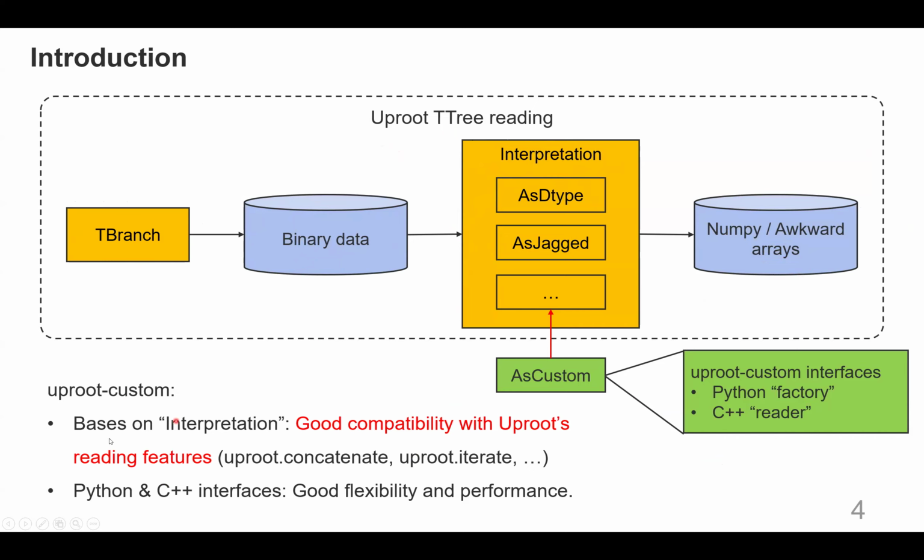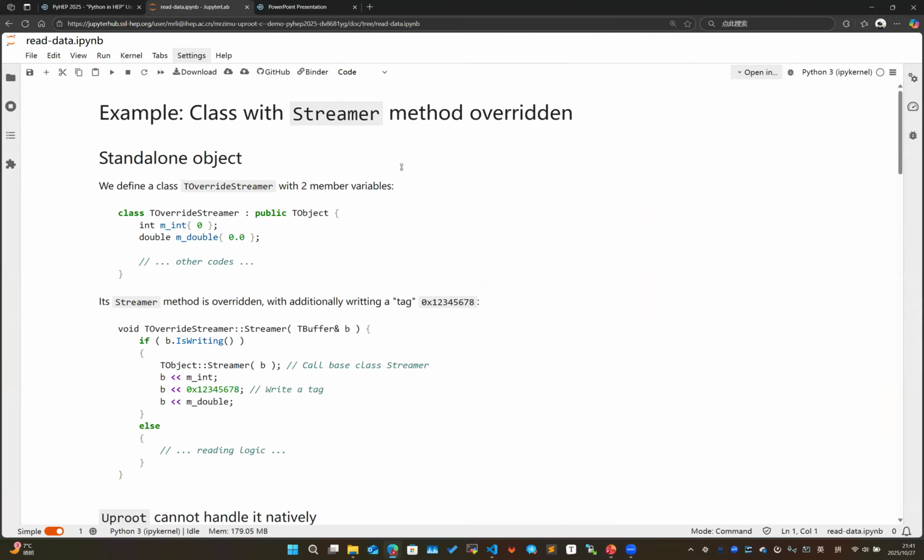The uproot-custom is based on such an interpretation mechanism, and this means it can maintain good compatibility with uproot's reading features like concatenate, iterate, etc. Also, uproot-custom is implemented with both Python and C++, so it can have good flexibility and performance. And now let's turn to the code.